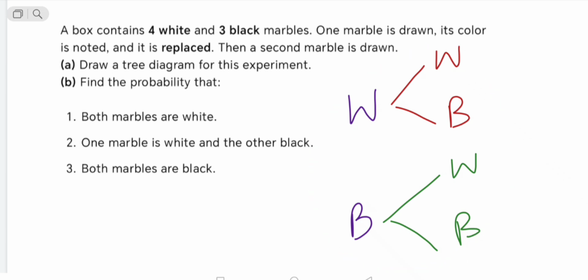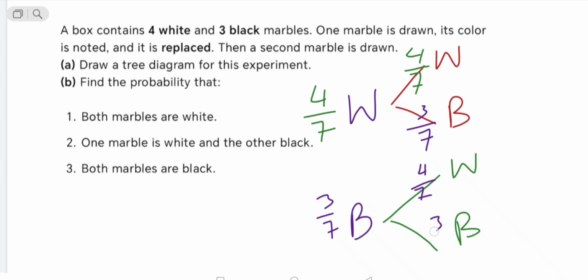Now what is the probability of white? White, I mean 4, right? 4 over total 7, no change because with replacement. Black, how many black are there? 3 over 7. So white is 4 over 7, black is 3 over 7.